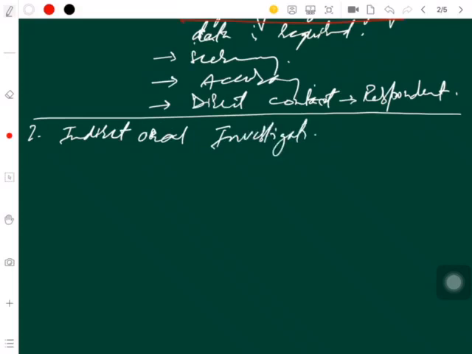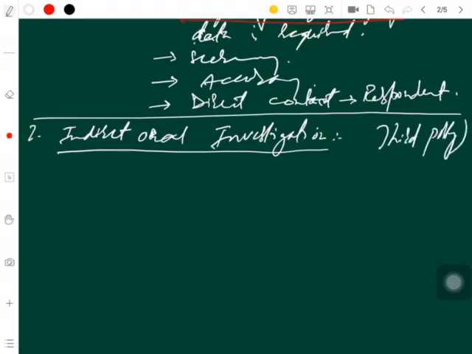You see, the words are explaining what it is all about. Indirect oral investigation: necessary information is collected from an indirect source, that is third party. That is what we call third party. You are not going to the respondent yourself. You are maybe sending somebody, or you are maybe asking him in some different way.